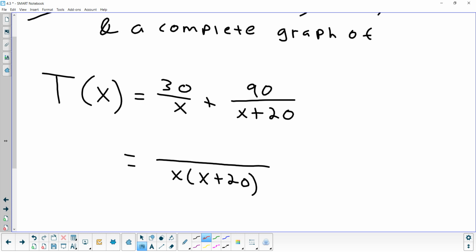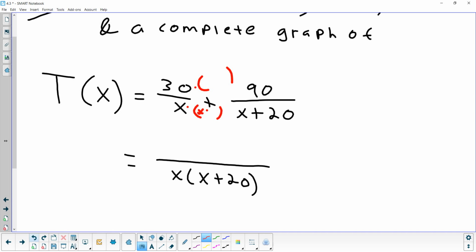What is the fraction on the left missing in its denominator to make it the common denominator? It's missing the entire x plus 20. So what would we multiply top and bottom by?